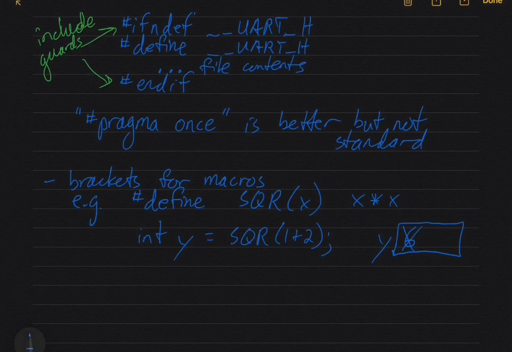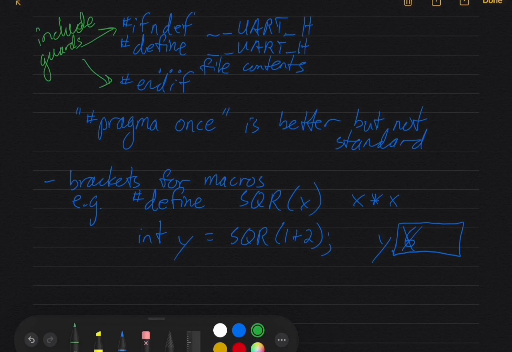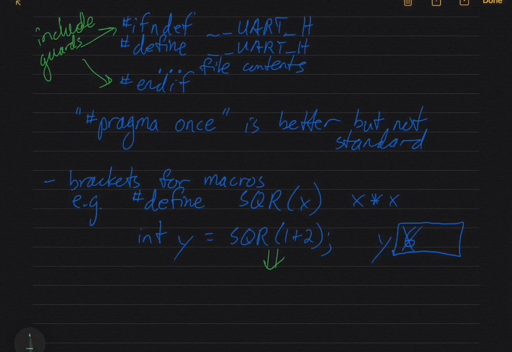Wrong. So remember that I told you that with the macros it just does straight text cut and replace, text expansion, and so what this turns into when you do the cut and the paste is x times x. Well, what's x? It's 1 plus 2. So what you get is 1 + 2 * 1 + 2.